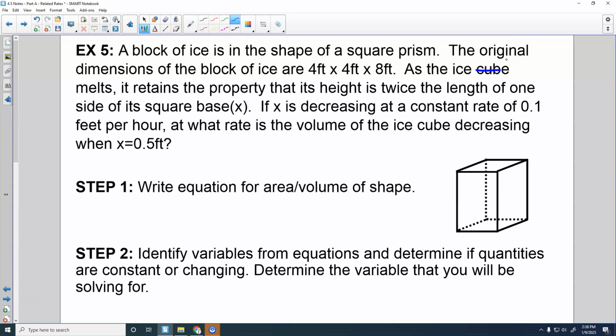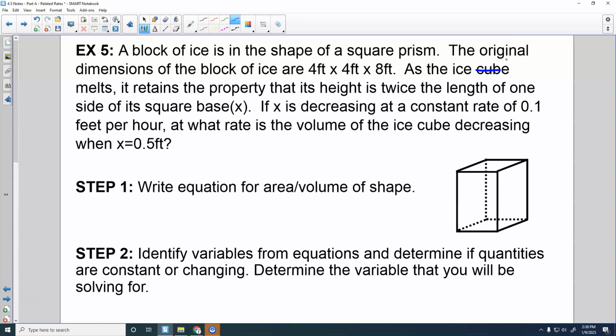Okay, so this one's got a lot going on here. So they give us that the original block of ice is 4 by 4 by 8. But does it stay 4 by 4 by 8? It melts, right? And it retains like the same properties, like it's the same shape.